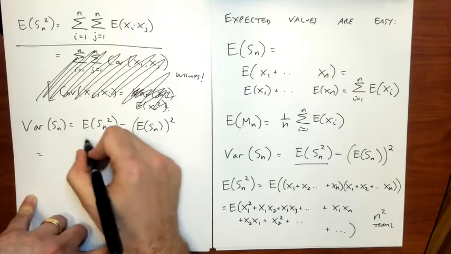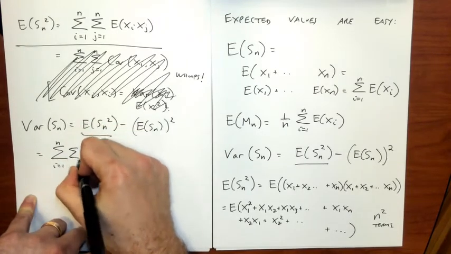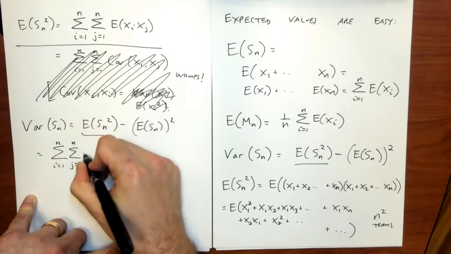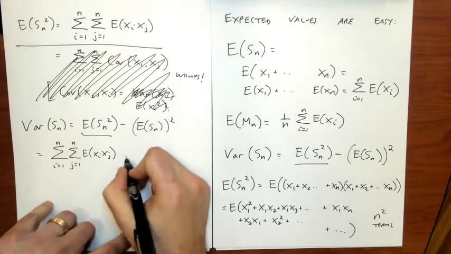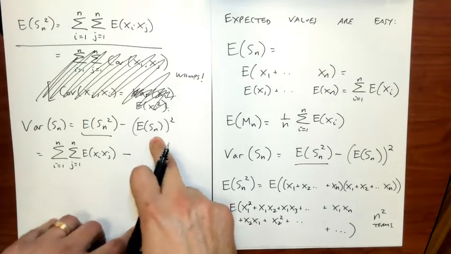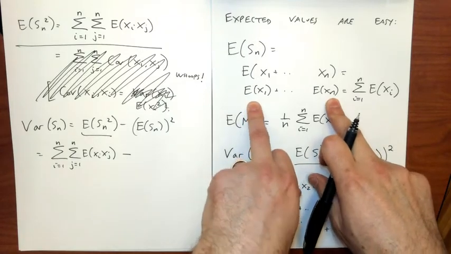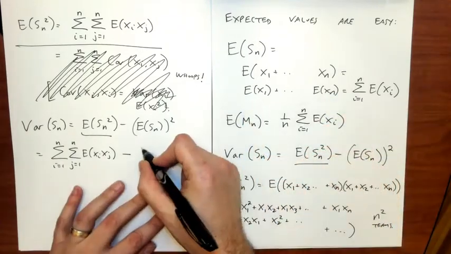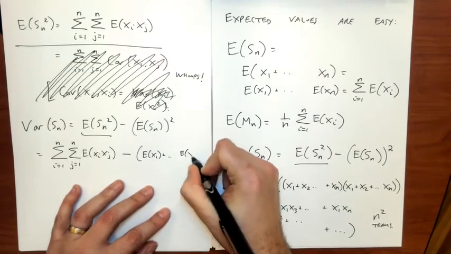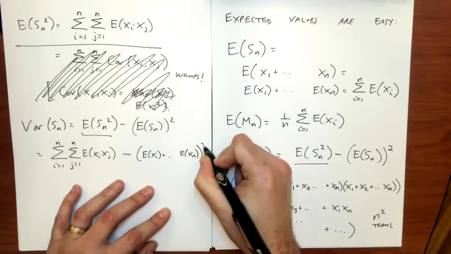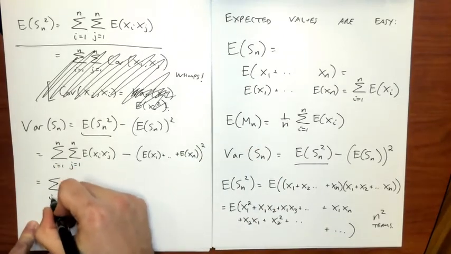So I established just now that this is the sum of these guys. And then what is this thing squared? I take this thing and square it, and I get the same kind of pattern.